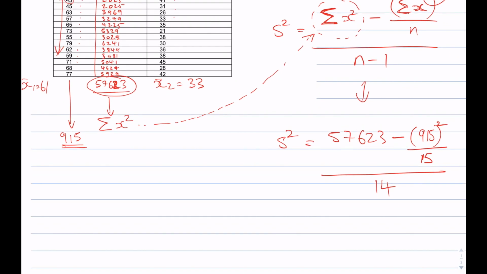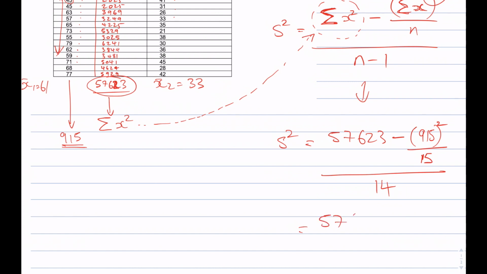Okay, so next, let's flesh these numbers out. 915, we need to get a value for that. 915 squared divided by 15 is 55,815.